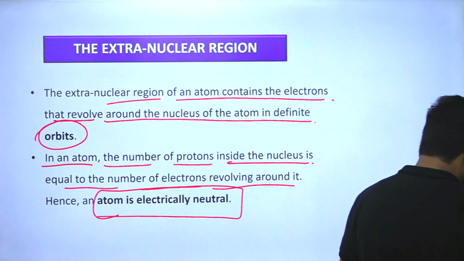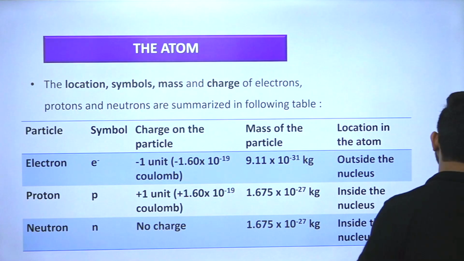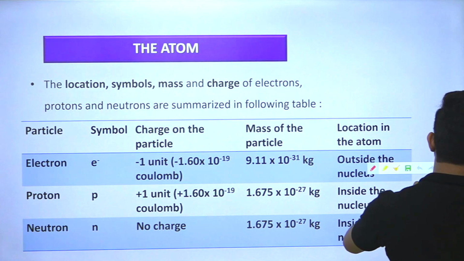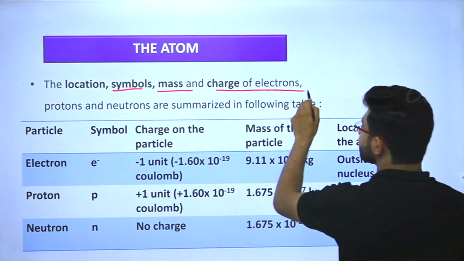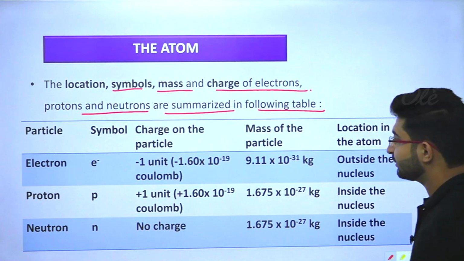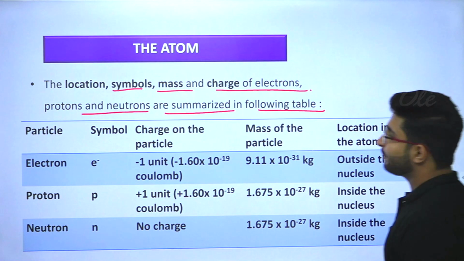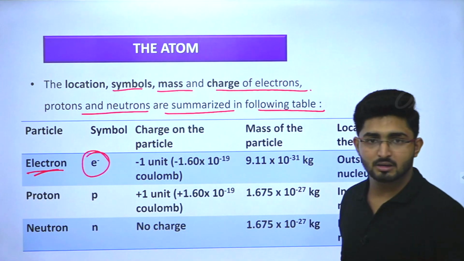Moving ahead, we are going to study the final table about electrons, protons and neutrons, and their locations and symbols as well. The locations, symbol, mass and charge of the electrons, protons and neutrons are summarized in the following table. The first particle is the electron, and the symbol for electron is e or e negative.